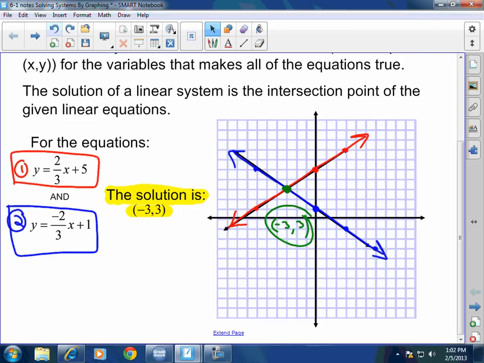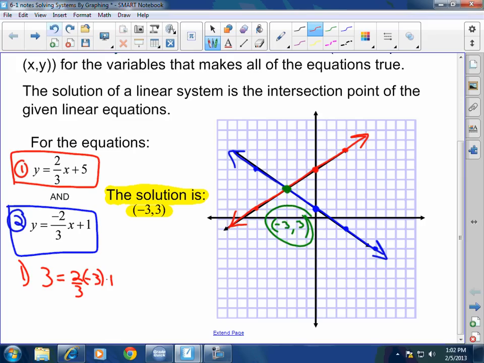So for equation 1, we've got y equals 2/3 x plus 5. So let's plug in the x and the y and see if it's true. Y is 3. Will that equal 2/3 times x, which is negative 3, plus 5? This is 3 equals negative 2 plus 5. So 3 does equal 3. So negative 3 works. We're good.